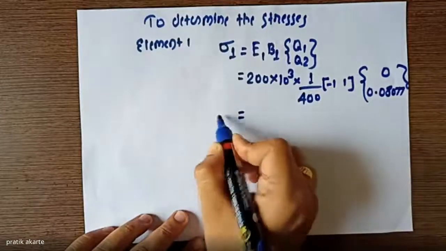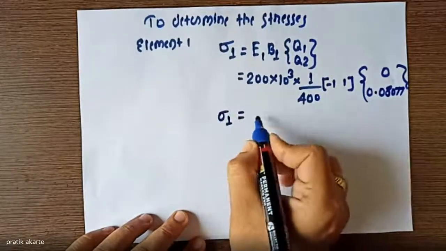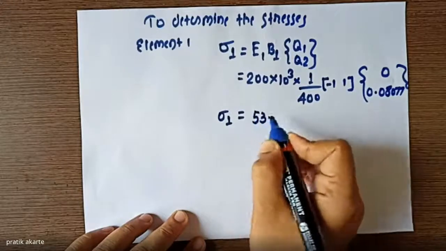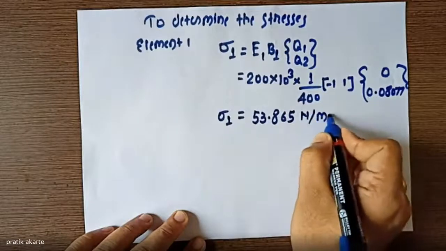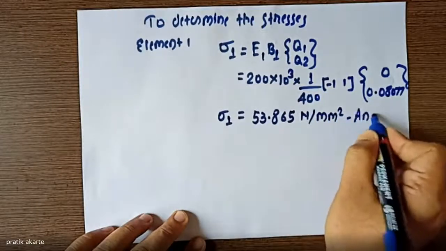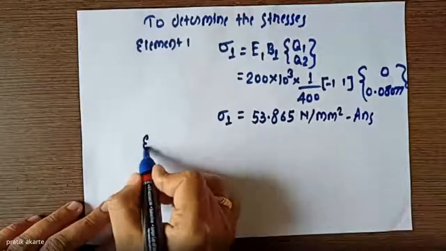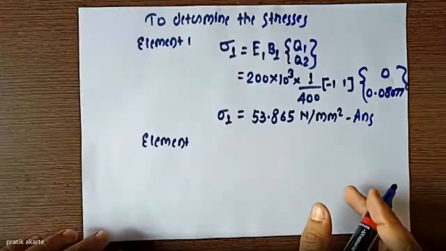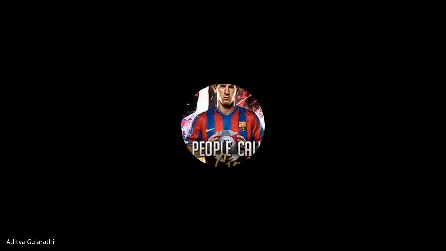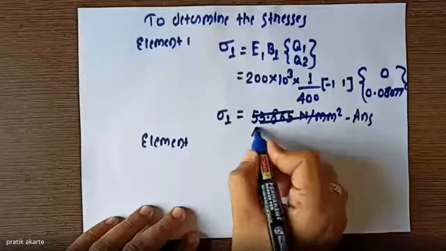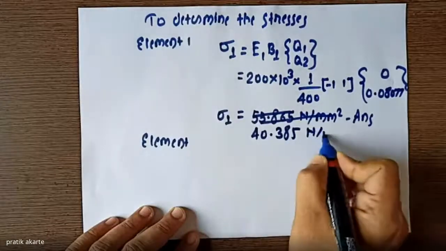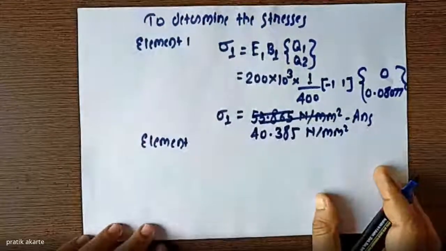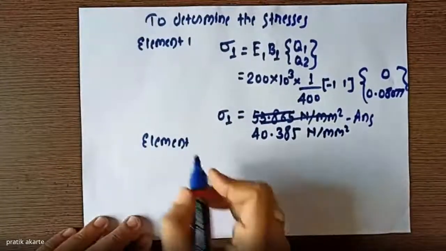Solving this, we get sigma 1 as 40.385 Newton per millimeter square. Okay, just check, it is 40.385. Yeah, 53 is for element number 2.